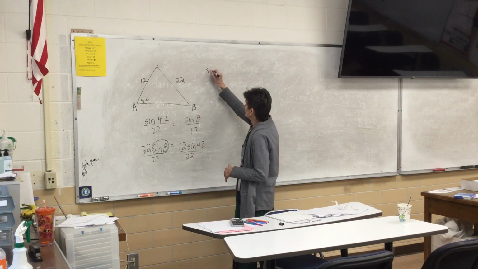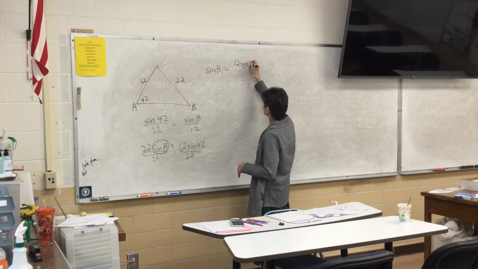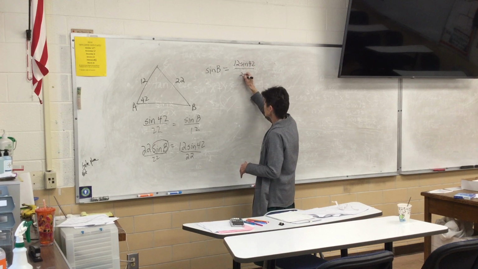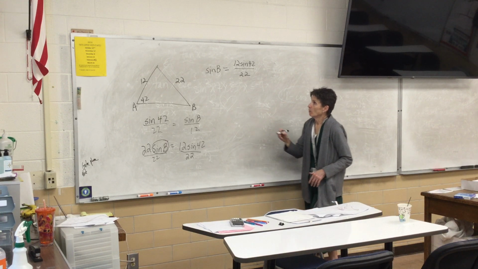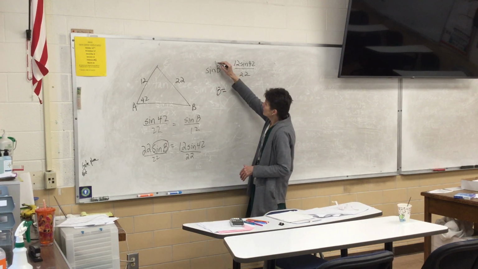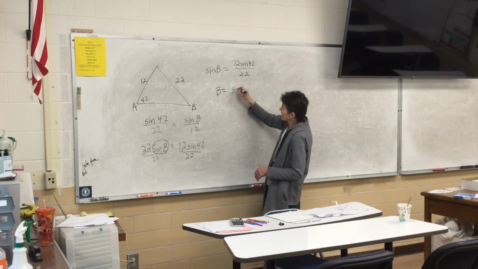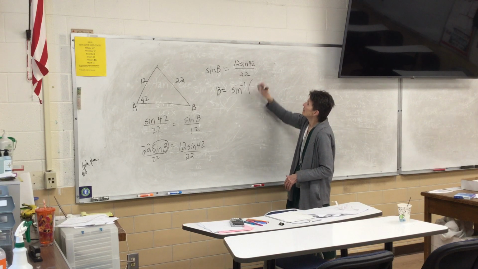So sine B equals 12 sine 42 over 22. Now, we want to know what B equals. The only way to split that is to second sine. So we're going to second sine that fraction.